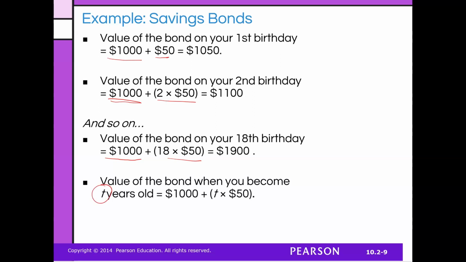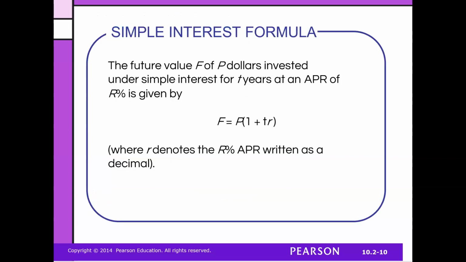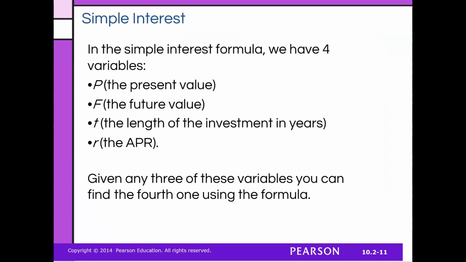And so you can use the variable t to figure out what your interest will be at any year. The simple interest formula is given here, and the variables for that formula are right there. So we're really using the present value, the length of time in years, and the APR. These are the variables to consider for the future value.